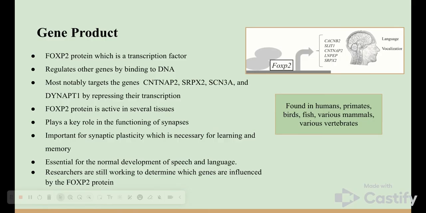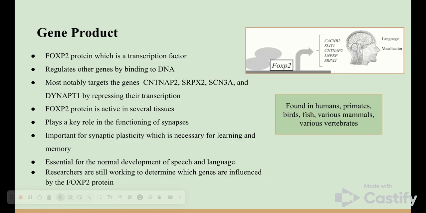It's a member of the forkhead box family of transcription factors, and they play important roles in cell growth and embryonic development. This protein is a transcription factor, and it regulates other genes by binding to DNA.